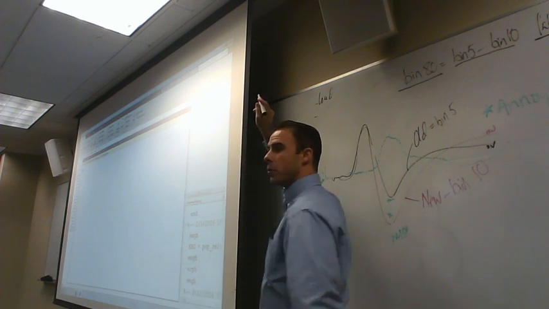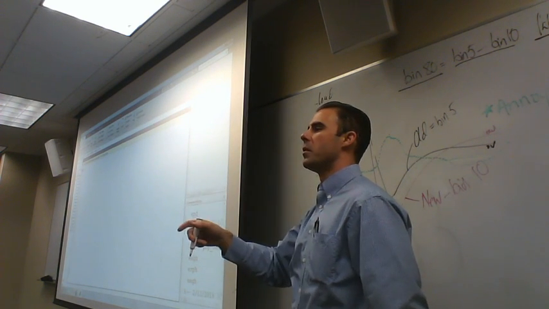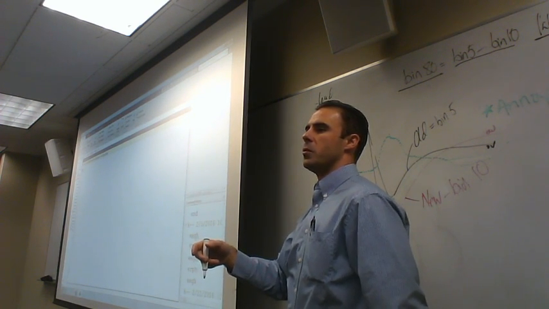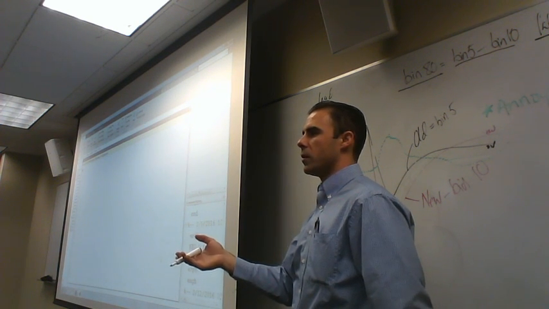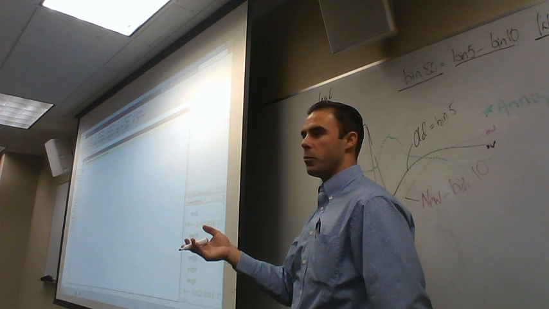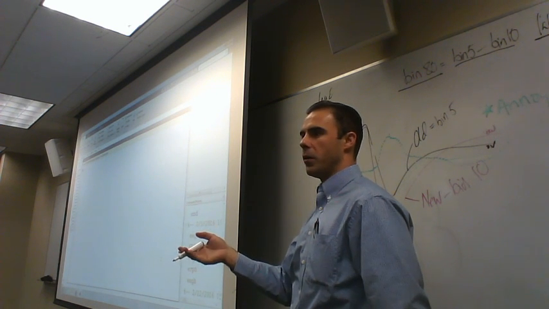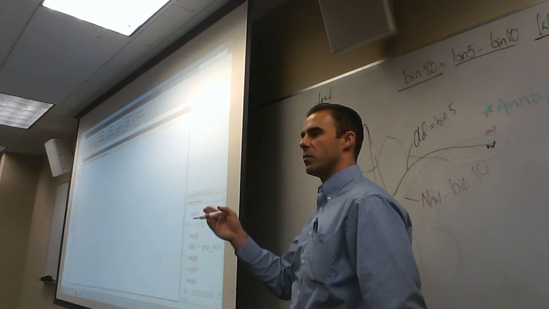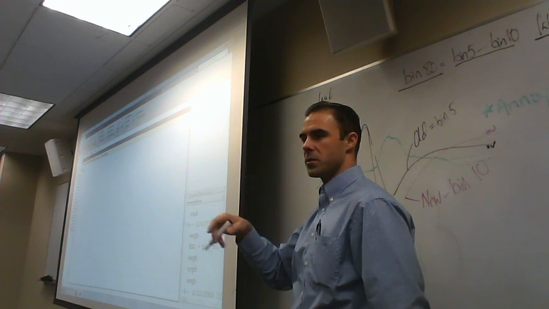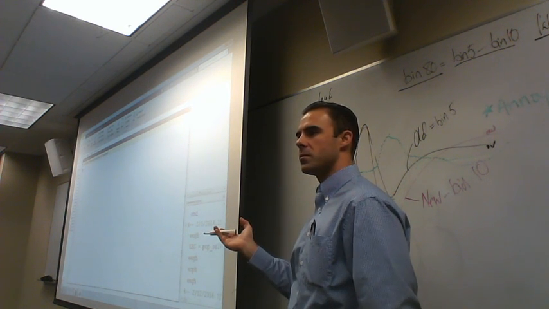What do we do after we load? We've already loaded in the raw data earlier. We processed it so that it had a high pass filter, 0.1 hertz. Then we applied the downsampling from 1024 to 256 hertz. What do we do next?